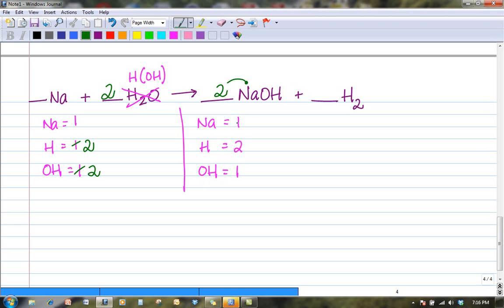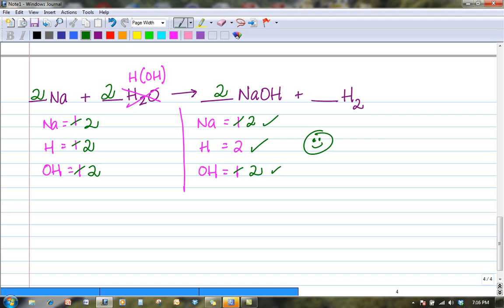And that distributes to the sodium as well as to the hydroxide. So now to balance sodium, I'm going to put a 2 here in front of Na, or sodium, and that means I now have 2 sodiums. And if you look, 2 sodiums on each side of the arrow, 2 hydrogens, and 2 hydroxides. This is now a balanced equation.